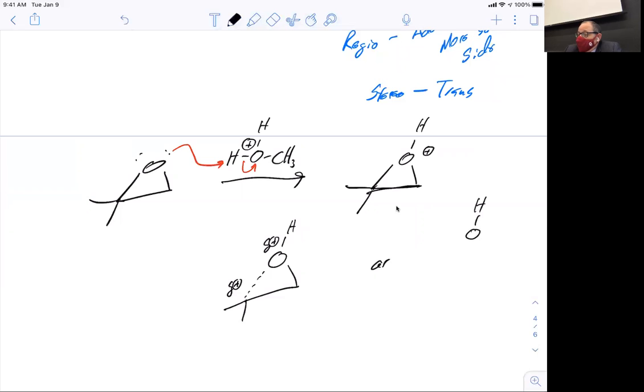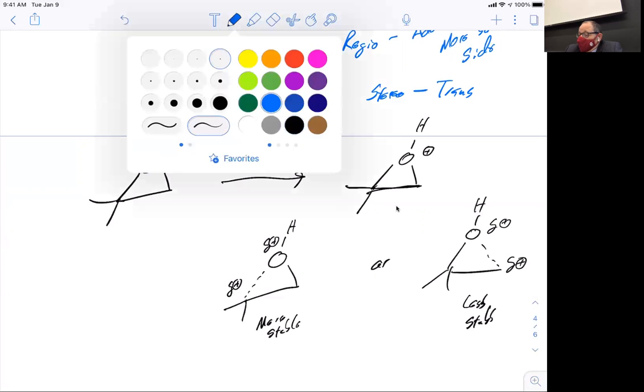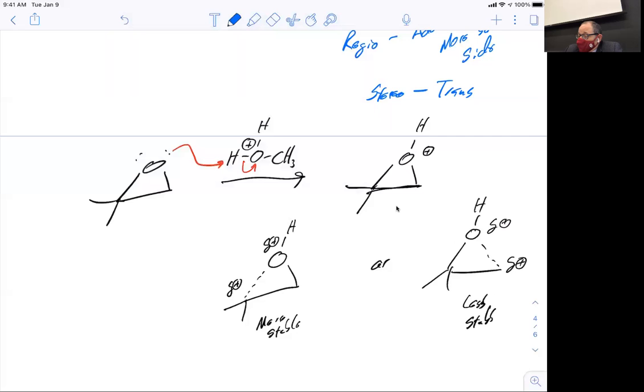It is stable enough to put in a bottle, but it's not like it's happy about it. If we have both of these, this is going to be the more stable of these two species, because it can withstand more of that carbocation, since this is a tertiary position.